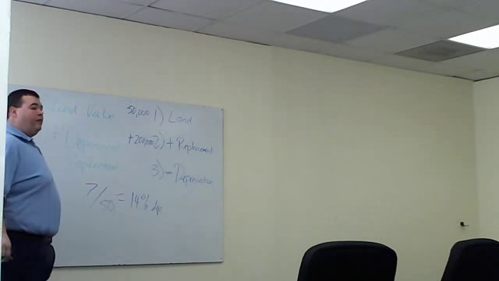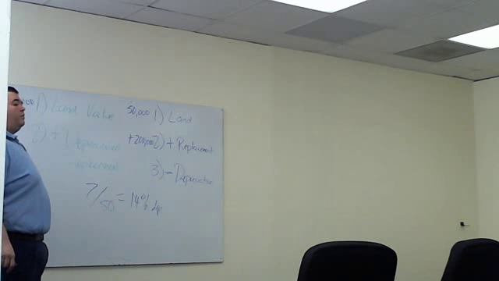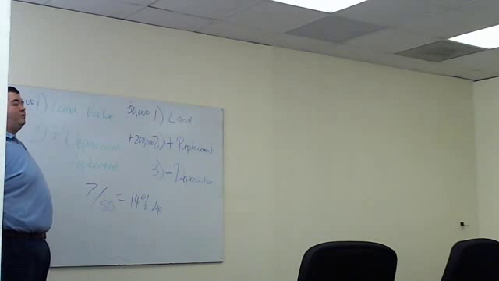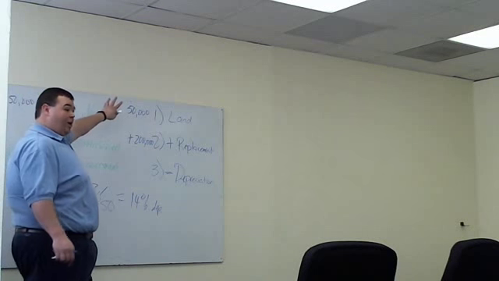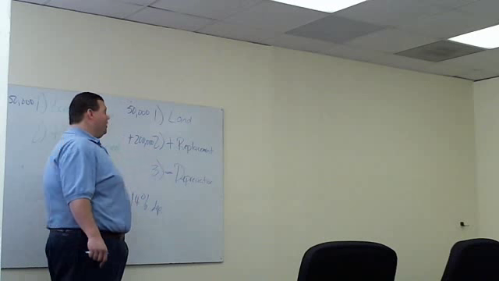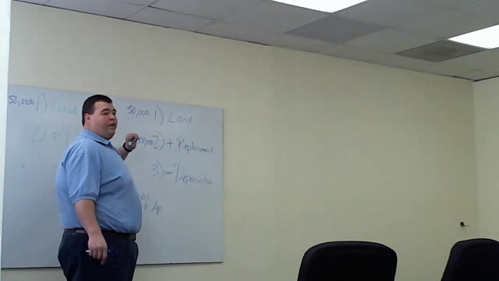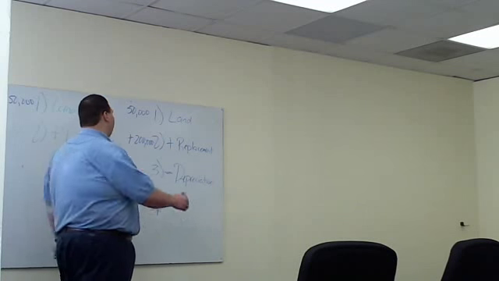Is everybody with me on that? You could just think of it as age and life anyway, without the two E words in front of it. Age and life, right. So we're at 14% depreciation. On this side, in our traditional model, we take 14% of 200,000, which is 28,000.